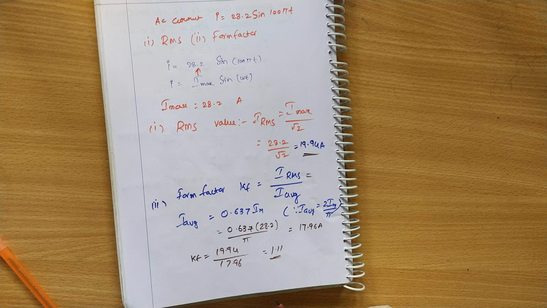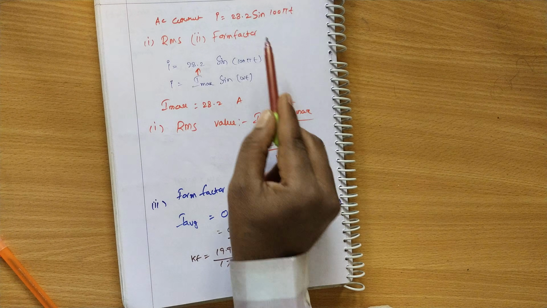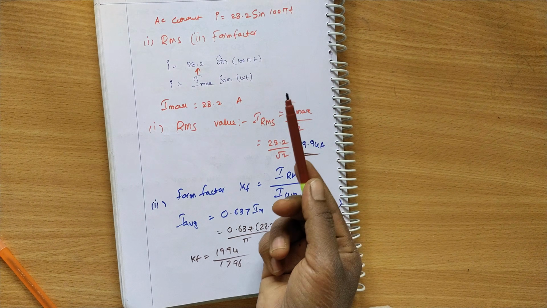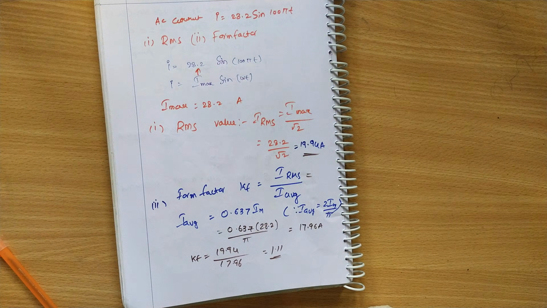That means form factor is always 1.11 for a sinusoidal wave. The form factor value varies for square wave, triangular wave, like that. But for a sinusoidal wave, whatever the voltage or current, if you consider any equation, you will get 1.11 only.